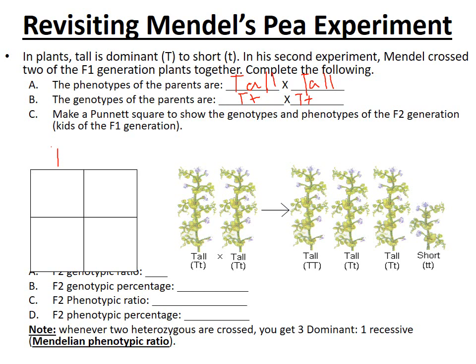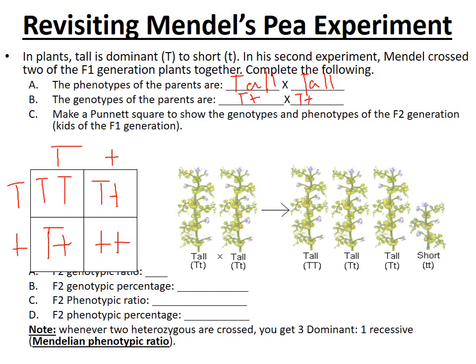We can put big T up here, little t up here for one of the parents, big T over here, little t over here for the other parent. And then you simply do the fertilization in each box. So big T, big T, big T, little t, big T, little t over here, little t, little t.